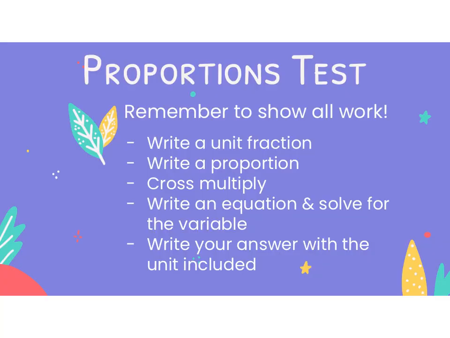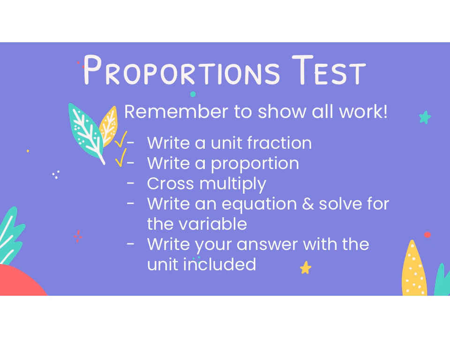Next, you will begin your proportions test. Remember to show all of your work to receive full credit. If you have a word problem, remember to write a unit fraction first, then set up your proportion.